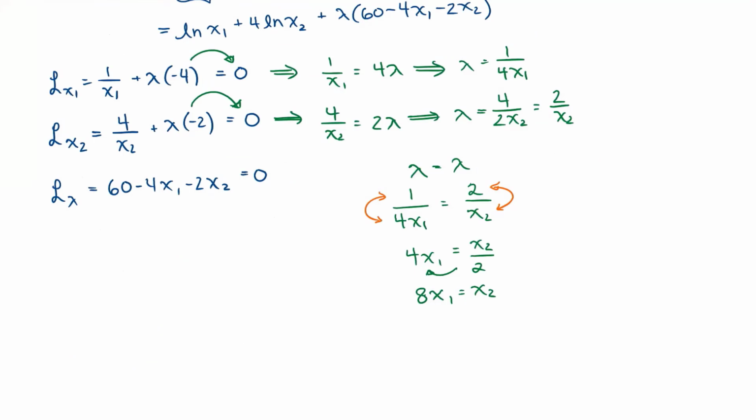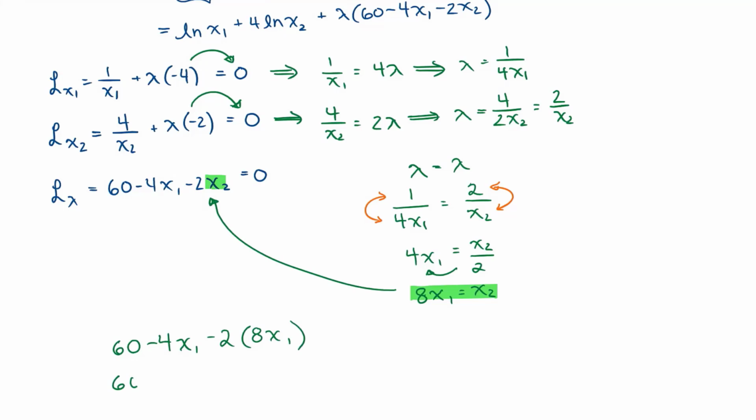So now what I'm going to do is I'm going to take this relationship and I'm going to substitute it into this expression right here. So now I have 60 minus 4x1 minus 2 times x2 is actually 8x1. It's another way we can write it.